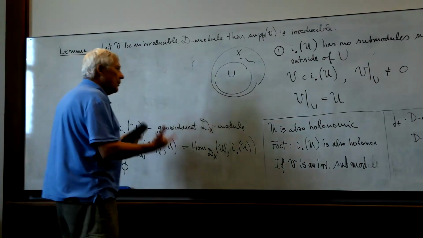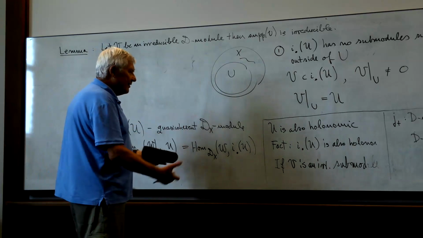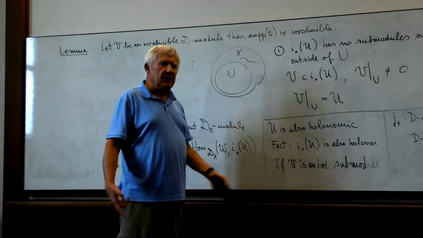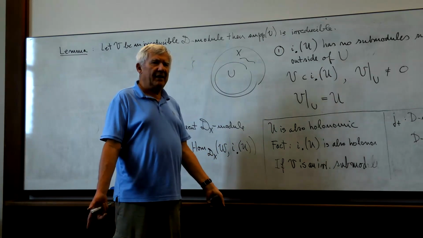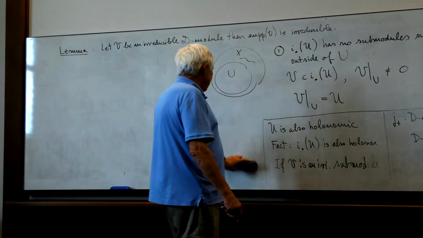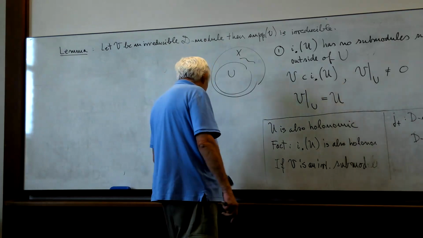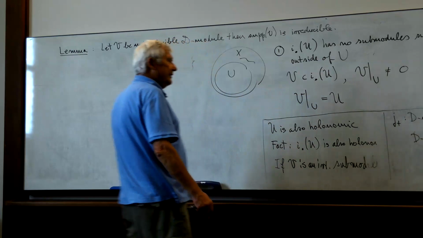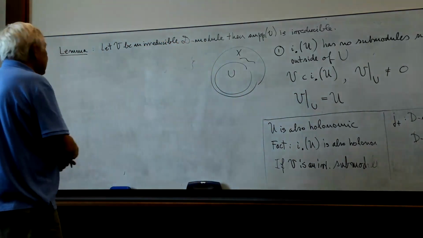Holonomicity is critical at this point, that i lower star U has an irreducible sum. Everything else is kind of formal, except of course the fact that this is a connection at the end.